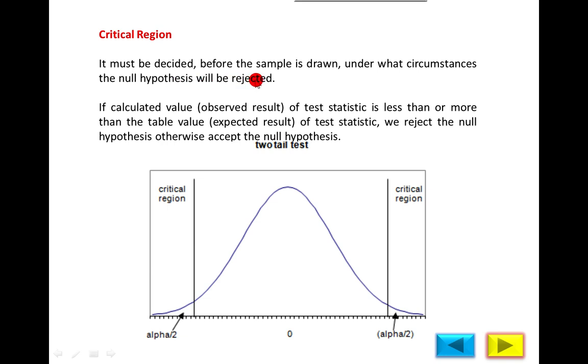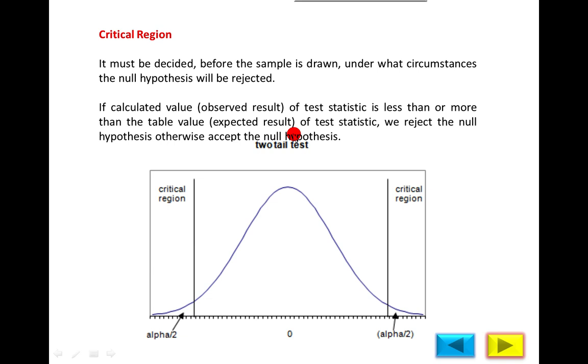First, we write the null hypothesis according to the requirement and objective of the study, and we choose the level of significance. With the help of this diagram, you can understand that if the calculated value, the observed result of the test statistic, is less than or more than the table value, the expected result of the test statistic, we reject the null hypothesis, otherwise we accept the null hypothesis.